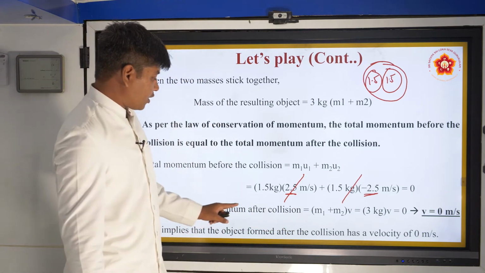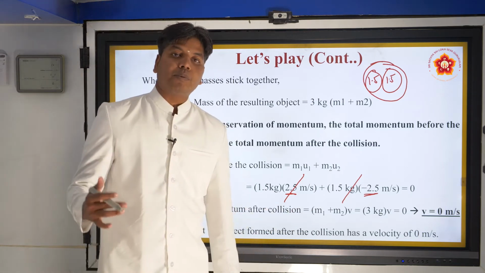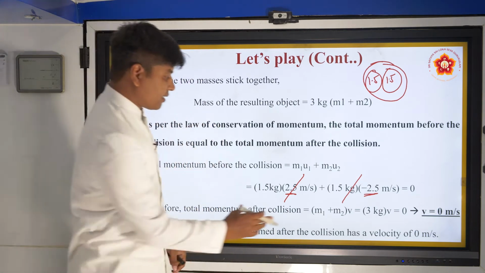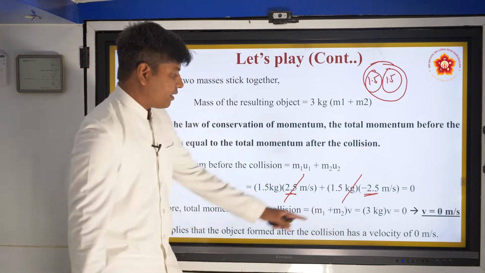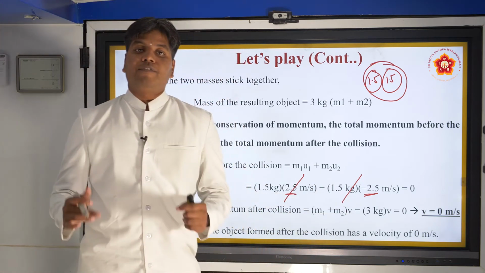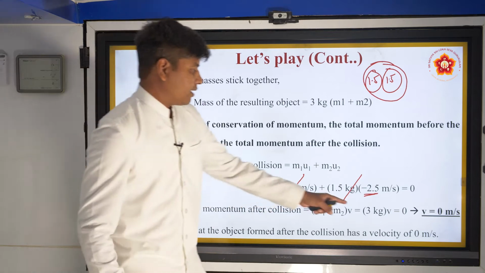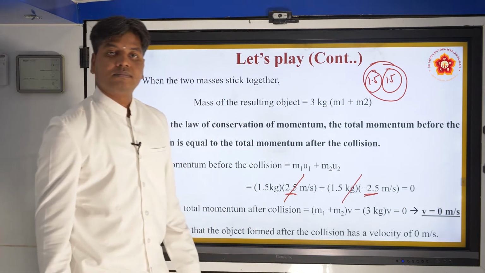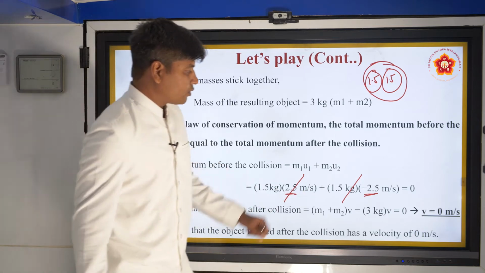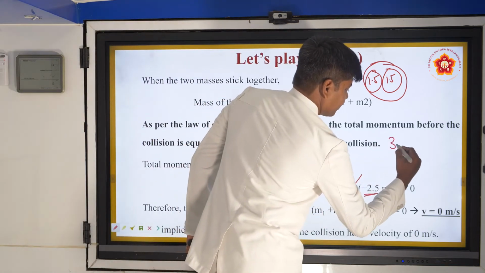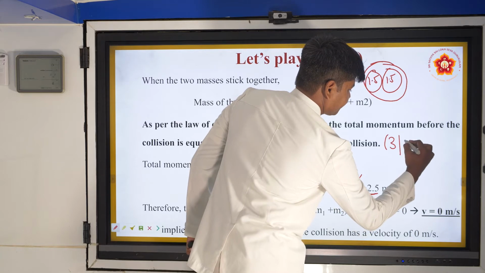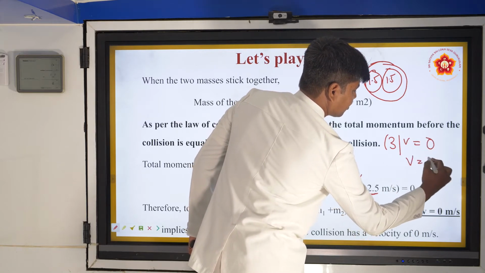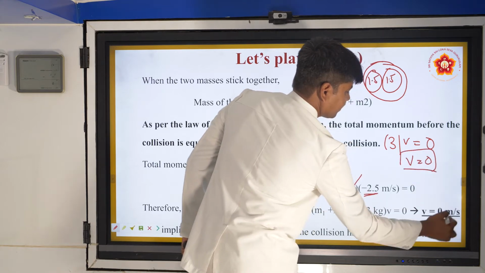Therefore, the total momentum after the collision is the combined mass, 3 kg, into the velocity, equal to the initial momentum, 0. So 3 into V is equal to 0. Therefore, V becomes 0, right? That is what is given here.